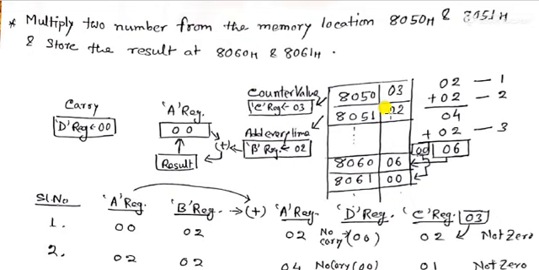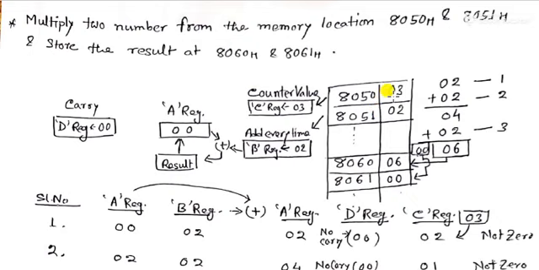For addition there is an ADD instruction, for subtraction there is a SUB instruction, but in 8085 there is no instruction for multiplication. So we use the basic operation: we can multiply numbers by adding repeatedly. That means we repeatedly add the number, and the result will be the product.